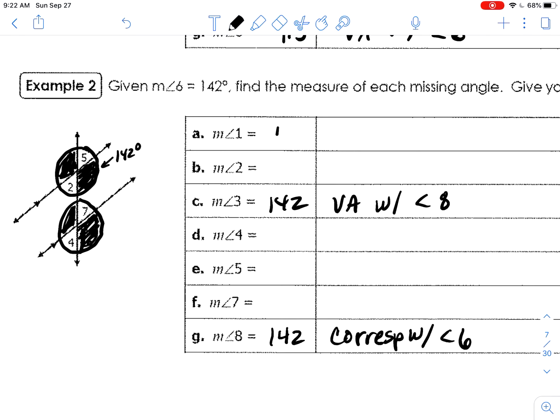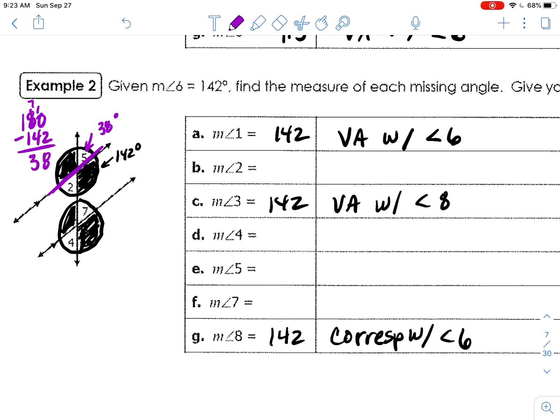Angle 1 is also going to be vertical, angle 6. And then now we can figure out the others because these make linear pairs. So if I draw any of these straight lines here, I can figure out what that angle is by subtracting from 180. Let's just do a little arithmetic. I believe that's 38.